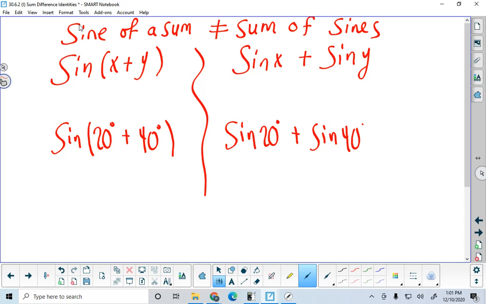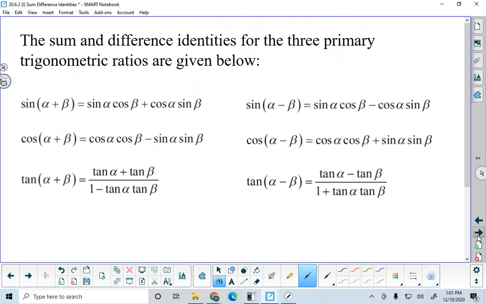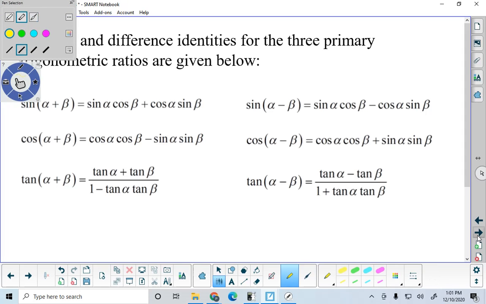You're not allowed to distribute a trigonometric function into all of the pieces inside of the argument. But strangely enough, it turns out the sine of x plus y is equal to the sine of x times the cosine of y plus the cosine of x times the sine of y. We use the letters alpha and beta in this section instead of x and y.